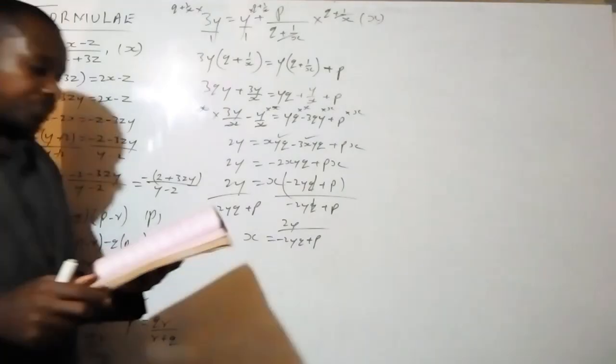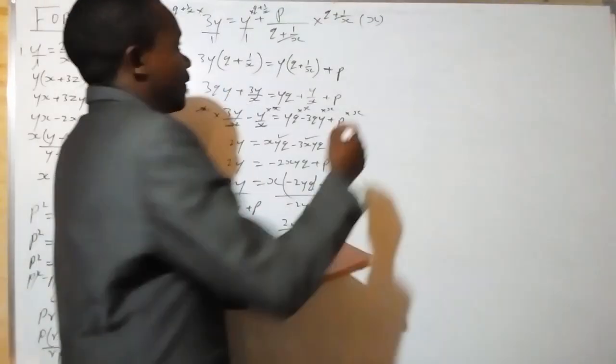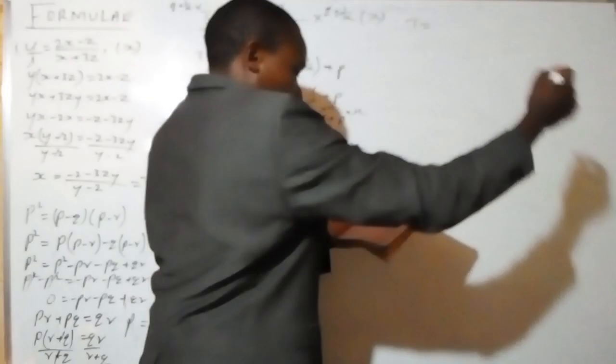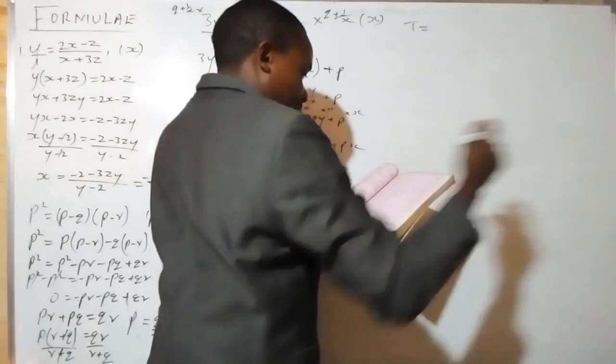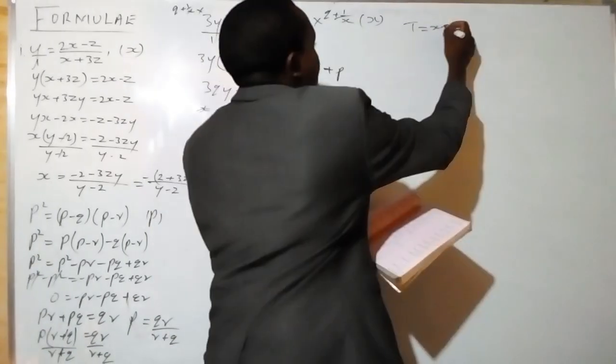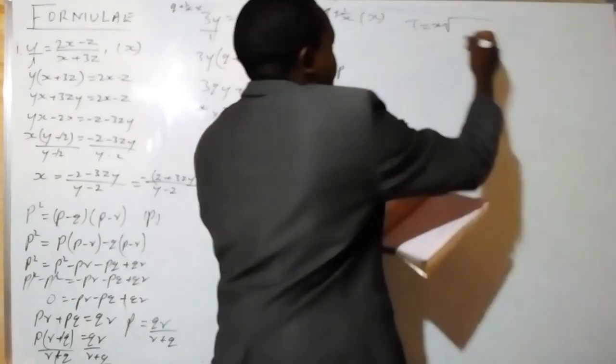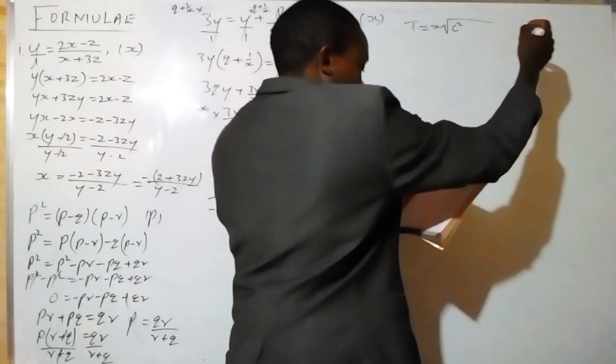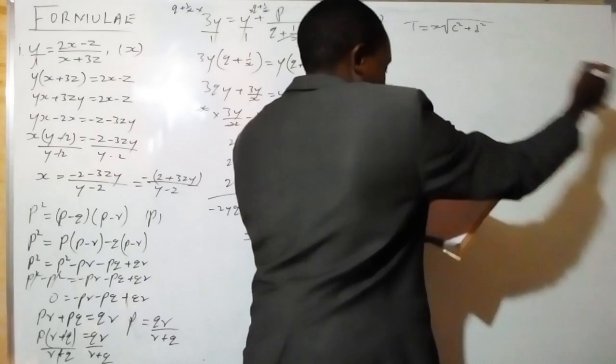Next, we are given t is equals to x square root of c squared plus d squared. We make c subject of the formula.